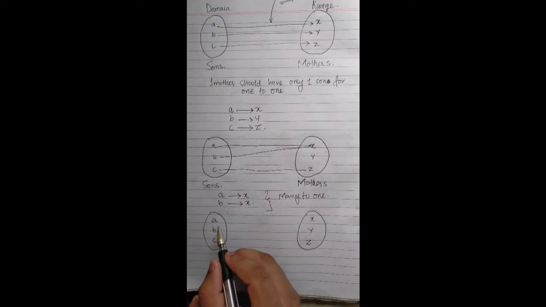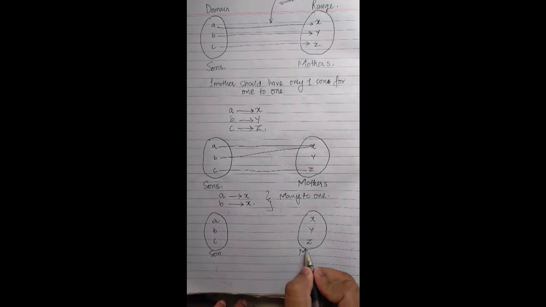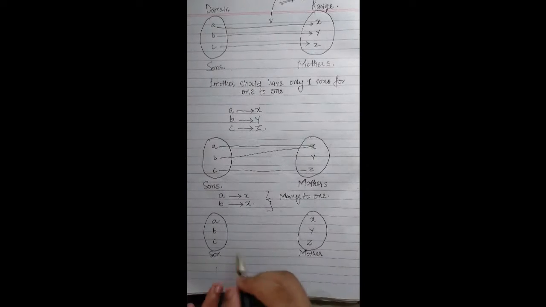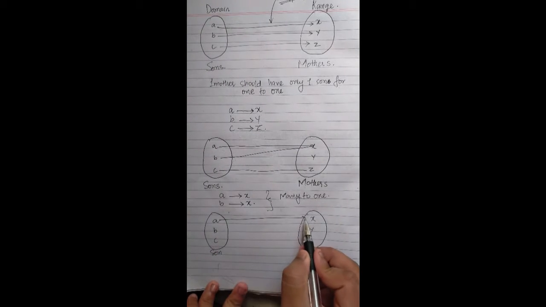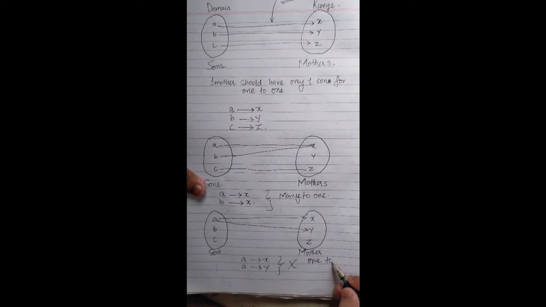This relationship will become nonsense when son A is a son of X and son A is also a son of Y. This sounds actually nonsense. This cannot happen. This is one to many. So this is not a function. This is a function, and one to one is a function. This is not a function.